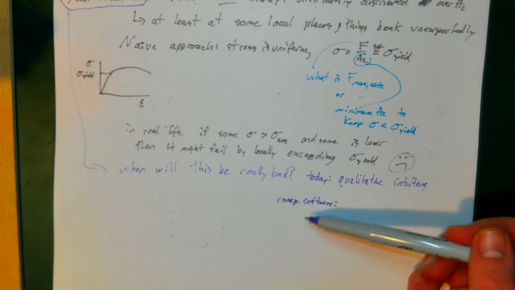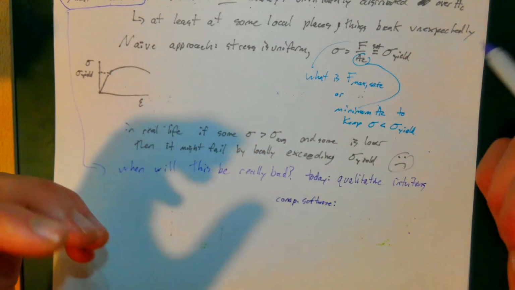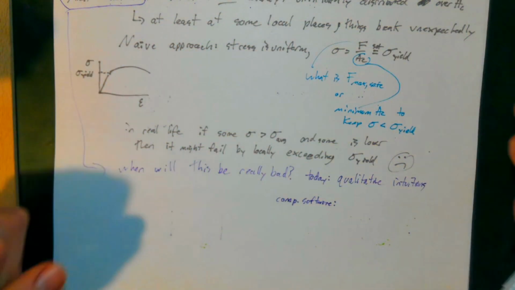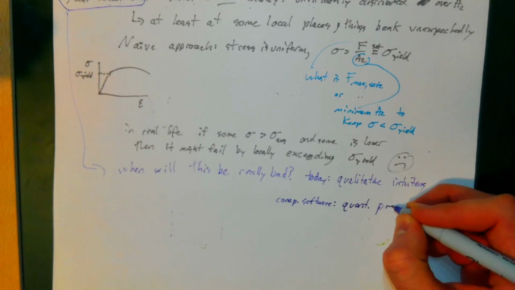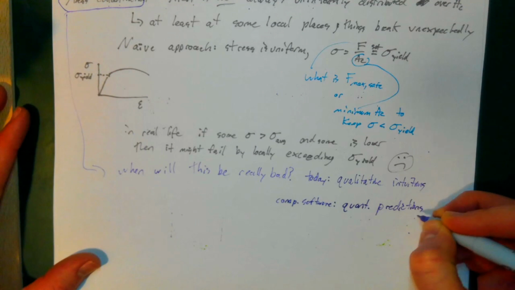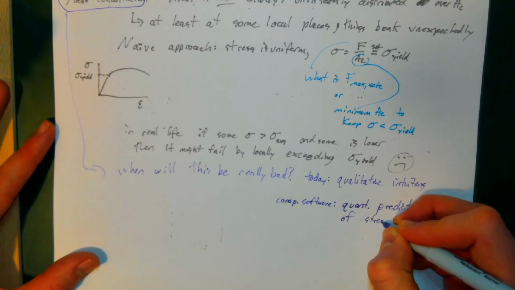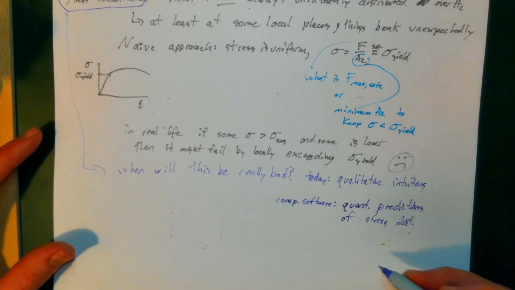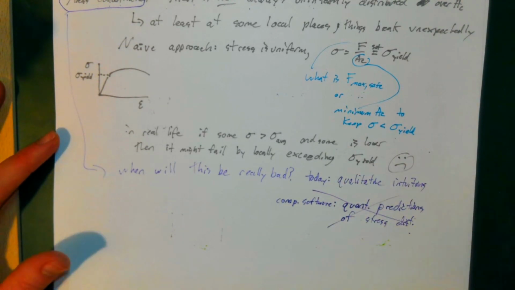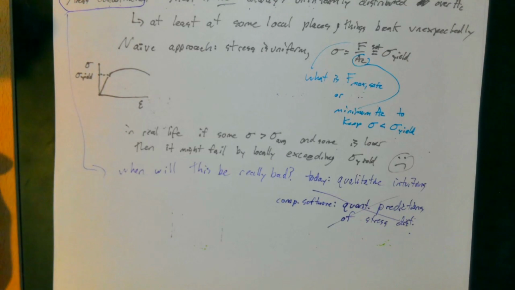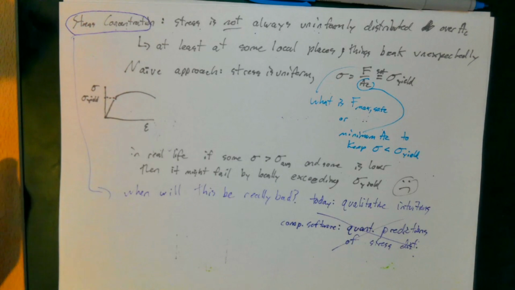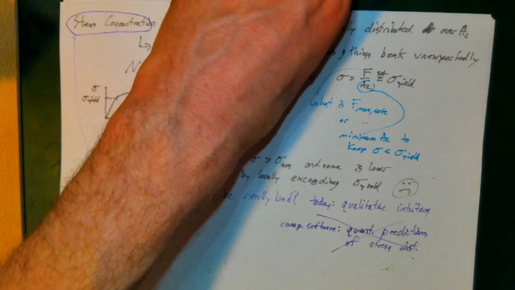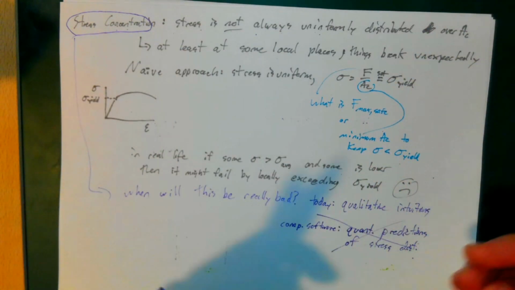There's computer software that can mathematically predict, saying, hey, if I have this weird geometry and I apply forces to it, I can get quantitative predictions of stress distribution. But this is outside of the scope of what we're going to cover today. So today we're just going to get some qualitative intuitions for when we might observe appreciable amounts of stress concentration in various geometries and situations.